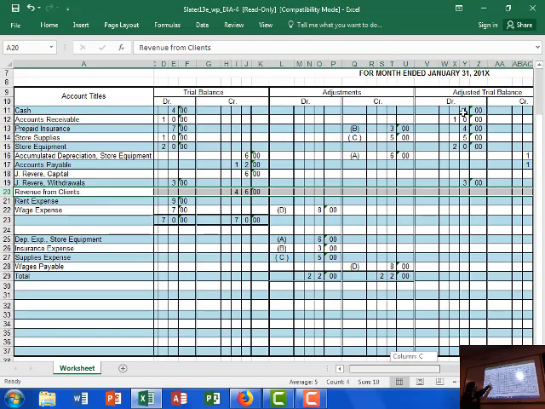And then on the other side, liabilities plus owner's equity. That's what we have on the balance sheet. So, what are our assets for this company? Cash, accounts receivable, prepaid insurance, store supplies, store equipment. Is that it?